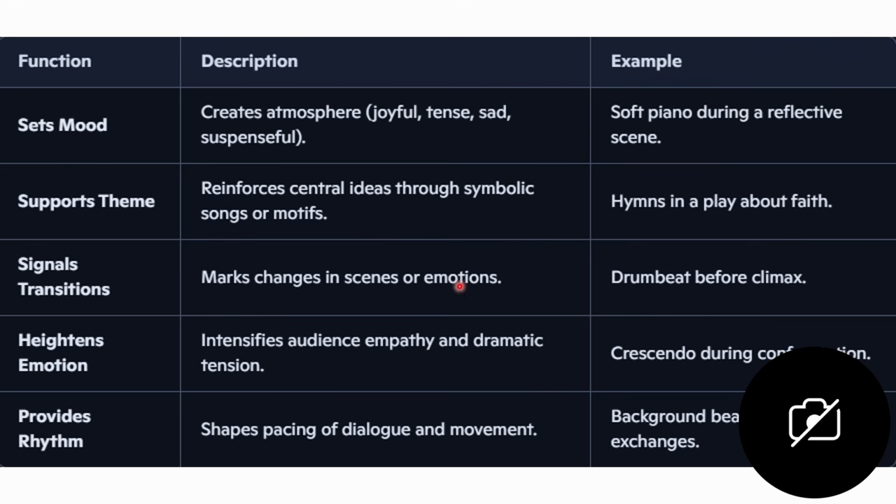It supports the theme because music reinforces the central idea through symbolic songs. Like if it is about faith, hymns are played. It also signals a transition. So there's a drum beat before the climax. Dun, dun, dun, dun. Or for example, in Romeo and Juliet, there's a sound signal when Prince Escalus is coming: there would be trumpets. Okay, so things like that.